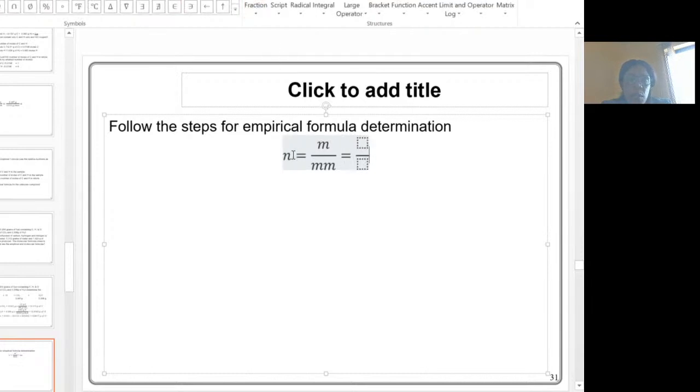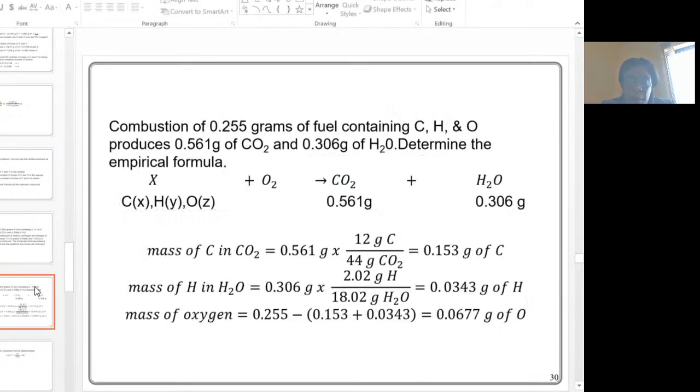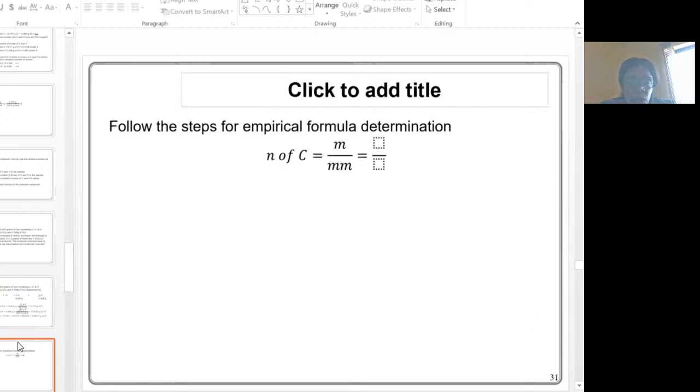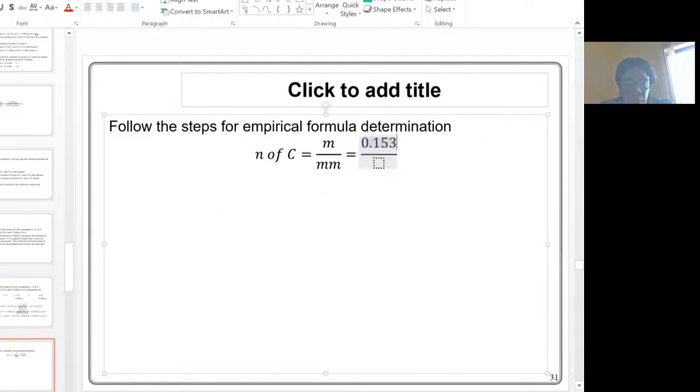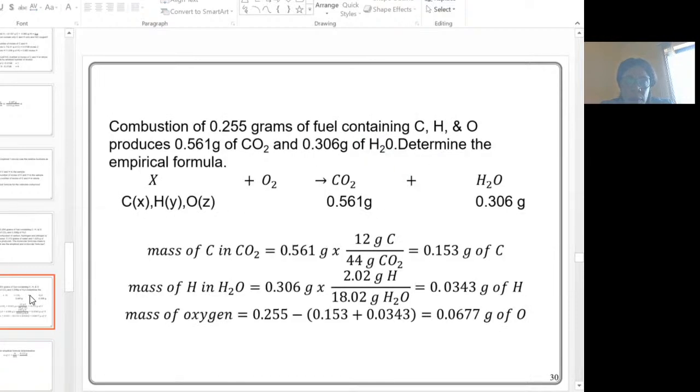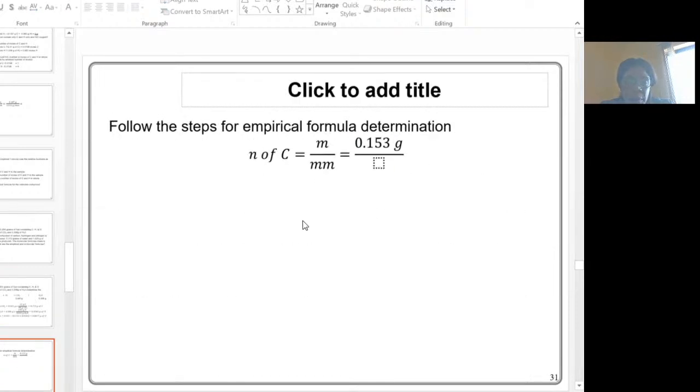we start with the moles of what? We start with the moles of carbon. Moles of carbon is equal to mass over molar mass. And what's the mass of carbon? The mass of carbon we have found is 0.153. So 0.153 grams over the molar mass.